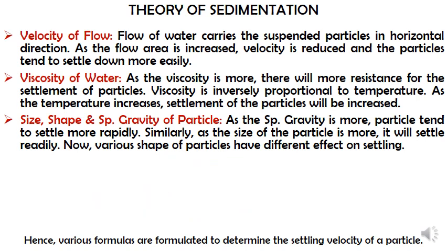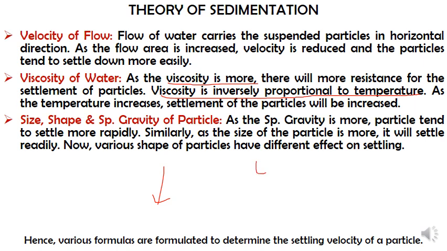Now the second one is viscosity of water. When the viscosity of water is more, there will be more resistance for those particles to settle down. This is because when the viscosity is more, your liquid is bound to become more thick, and because of that, the settlement of those particles will face more resistance. This viscosity is inversely proportional to the temperature.